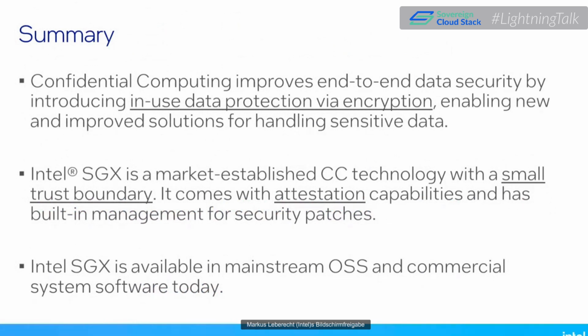The Intel SGX technology is a well-established confidential computing way of achieving a very, very small trust boundary. It comes with attestation capabilities and has built-in management for these security patches that eventually will occur in a real-life environment. Intel SGX is available in mainstream open source software and, of course, also in commercial system software today.